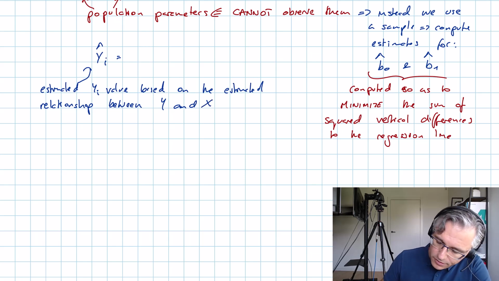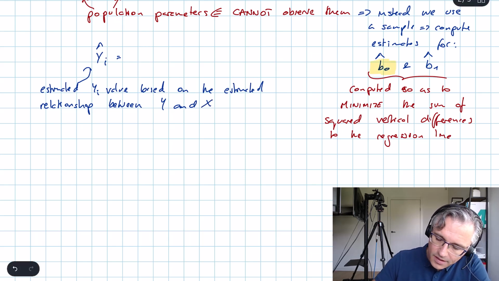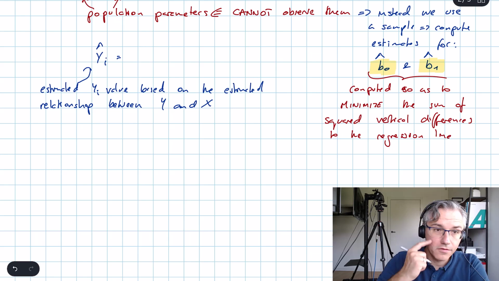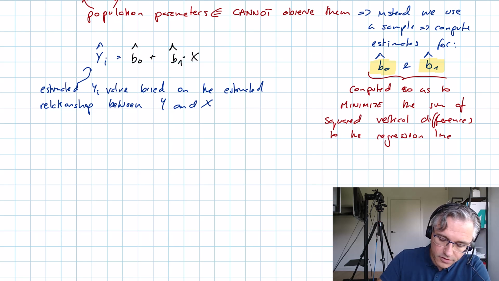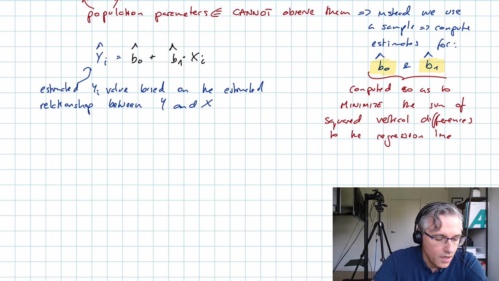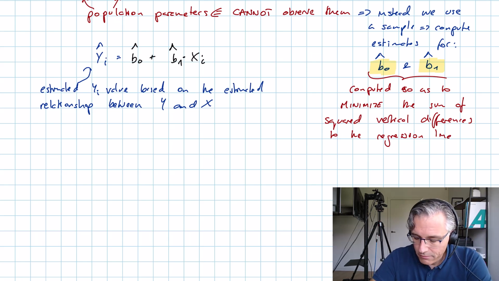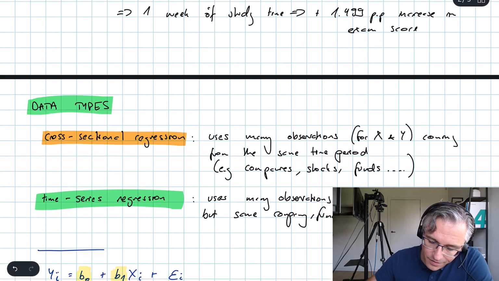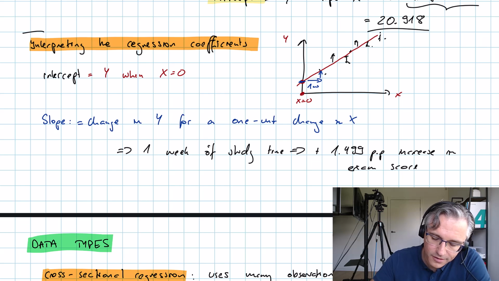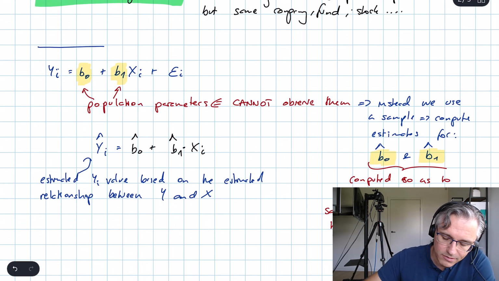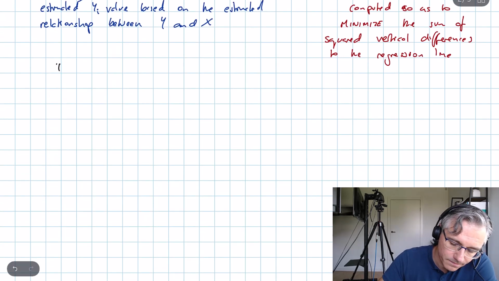But because we are using these values computed on the basis of a sample, we would say that this is b0 hat plus b1 hat, that's the slope coefficient, times the value of x. Now there will always be a residual. That line which we draw typically doesn't go through all the points unless there is perfect correlation here. So there will always be a residual.